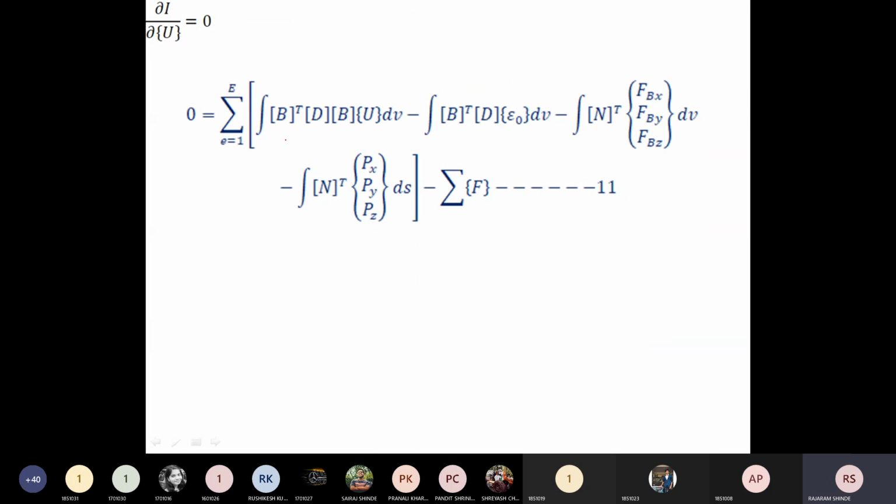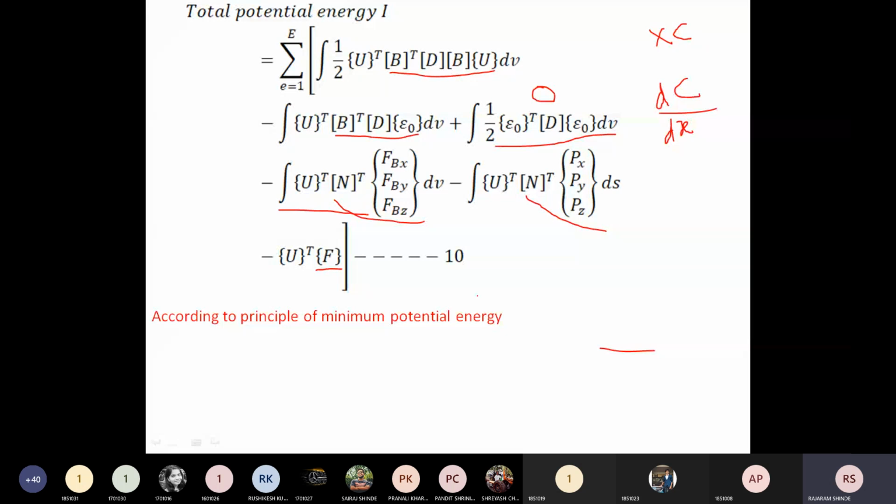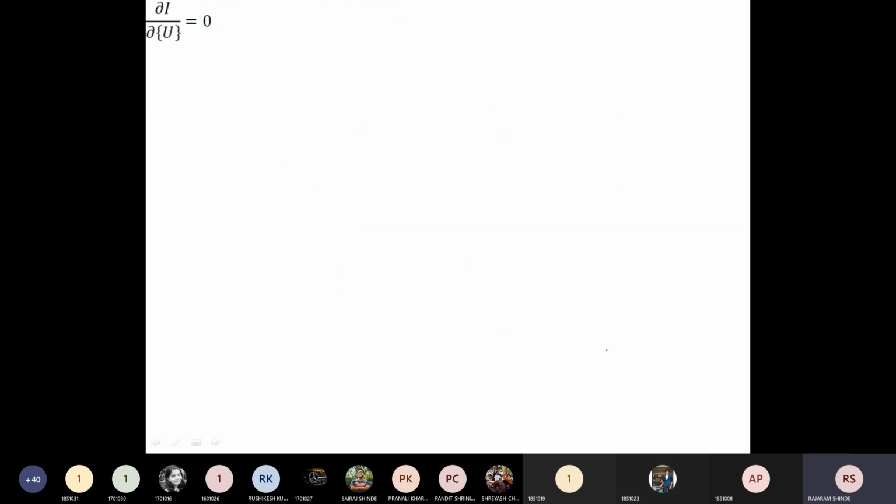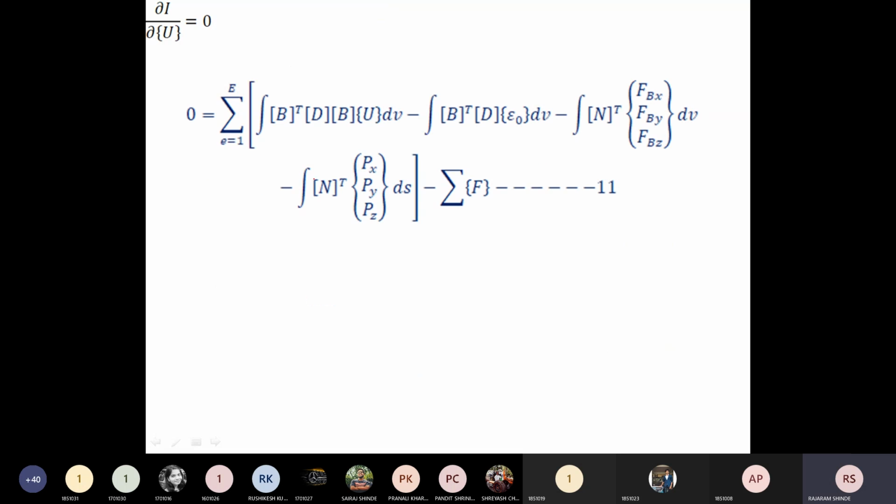You check it. You have written this equation, equation number 10. Now when we differentiate with respect to u, you will get this equation number 11. You see this one: in the first term the 2 will be cancelled, that is, half of u transpose into this term was there, but u transpose and the 2 coming from the derivative are cancelled with each other.